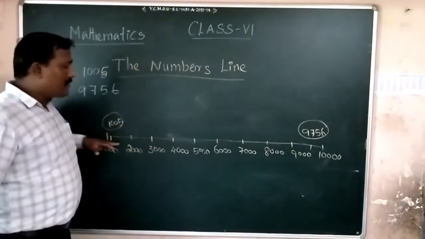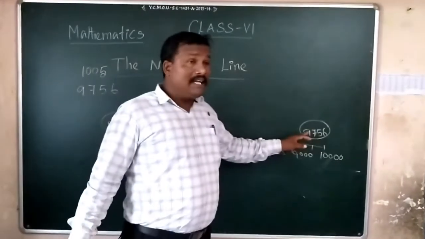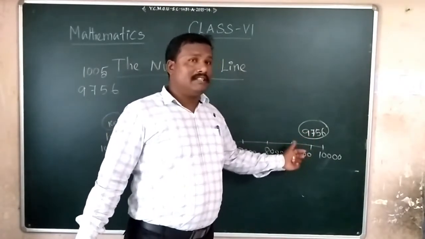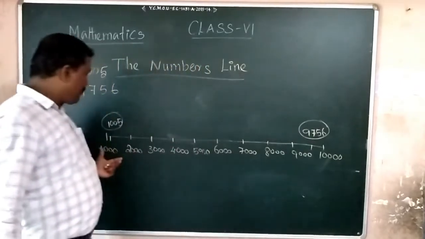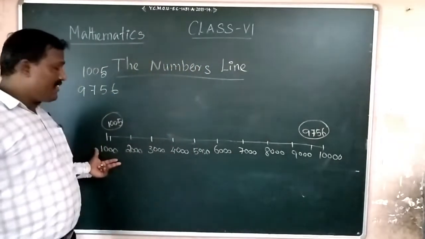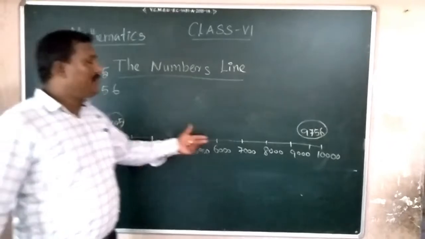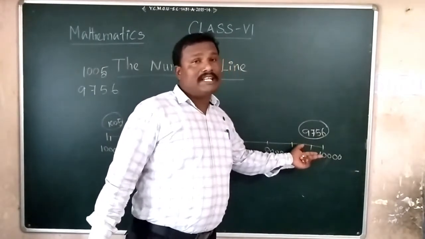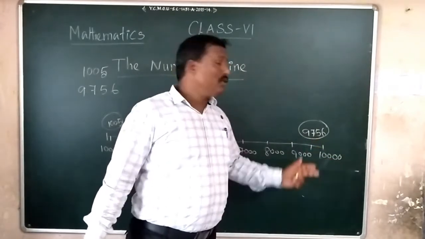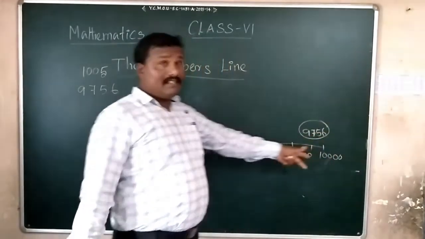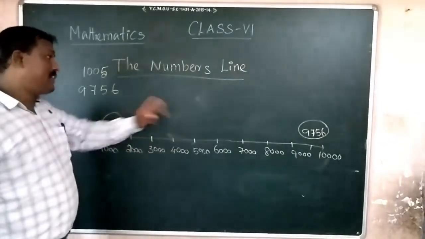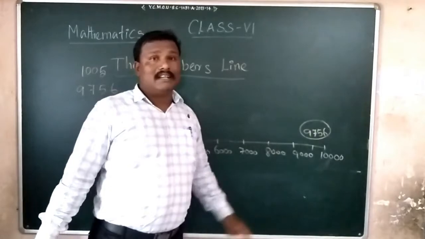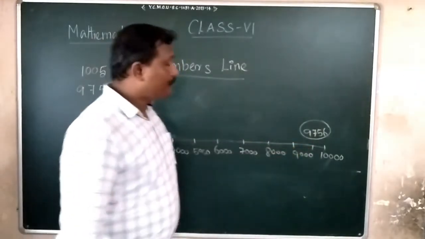We can draw the number line, place the numbers and identify the unit distance of each digit. The right side of each number is greater. The 9000 is on the right side, but 1005 is on the left side, so easily we can say which is the greater number.